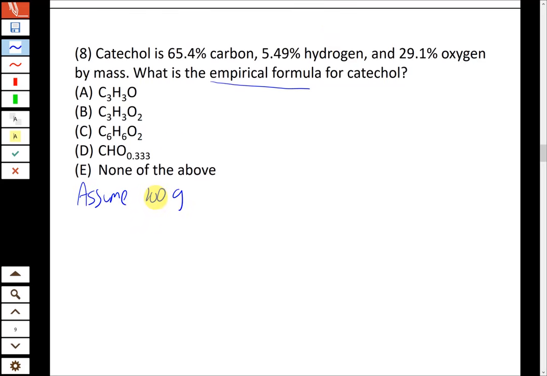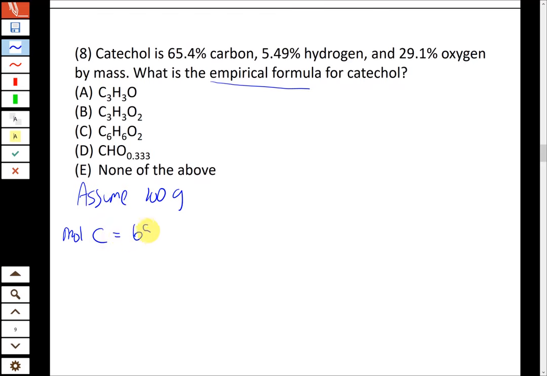So if we have 100 grams of this compound, we'd have 65.4 grams of carbon, 5.49 grams of hydrogen, and 29.1 grams of oxygen. Having gone through chapter 5, we know how to convert grams of anything into moles of anything by using the molar mass, or in this case the atomic mass, since it's a simple element. So we're going to find the moles of each element by using its atomic mass.